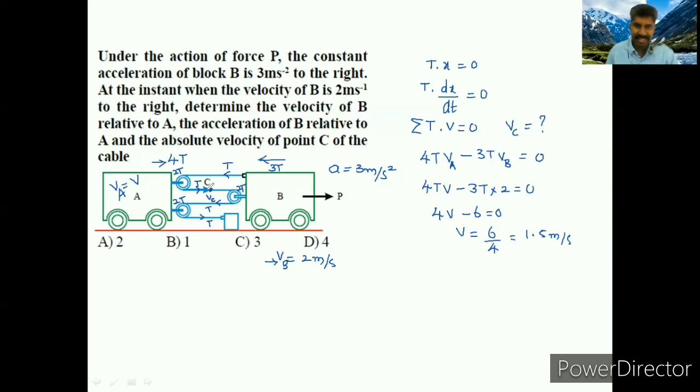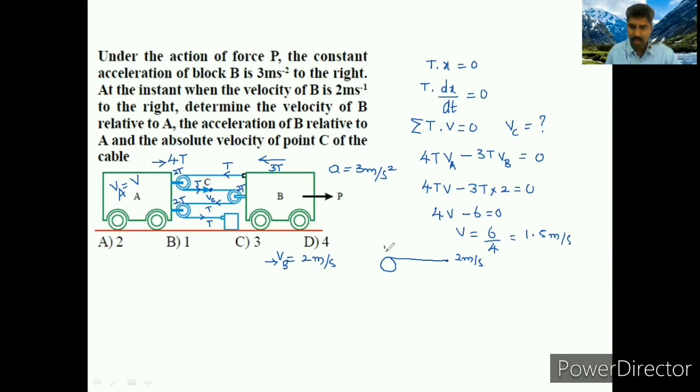Now at point C we need to find the velocity. So here I am drawing the pulley. The velocity of block B is 2 meter per second, and it is increasing.